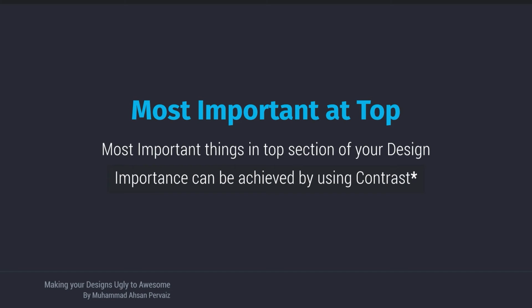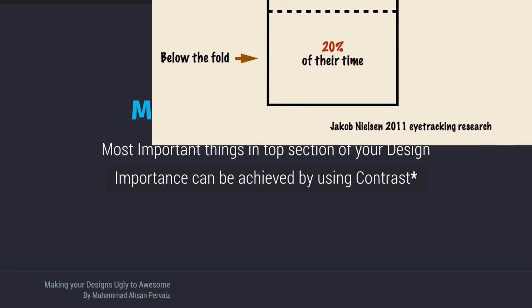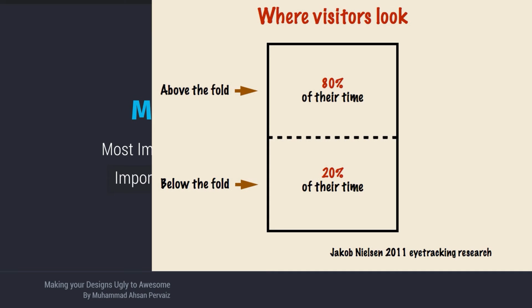So here is another technique which I normally use and mostly used in landing pages. What you need to do is move the most important content, whether it's copy or the message of your website, to the top of your design. That is why there was a concept of above the fold. Fold means 700 pixels or sometimes 800 pixels.